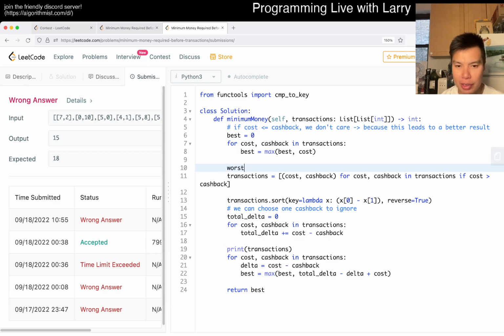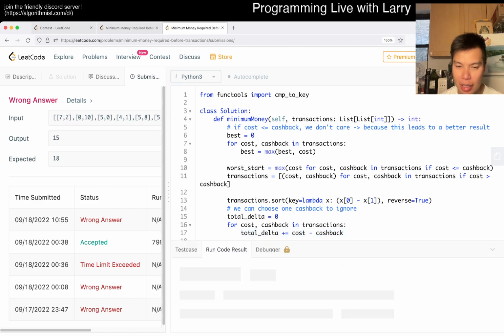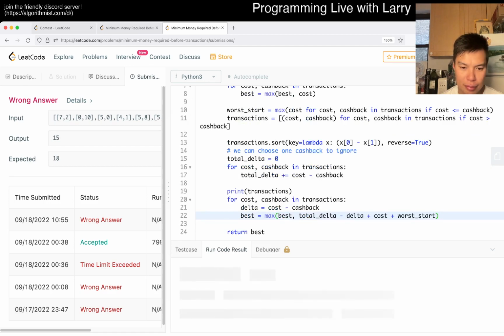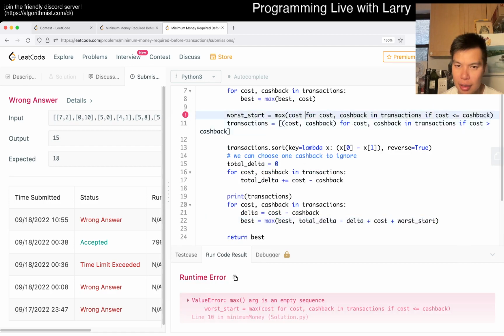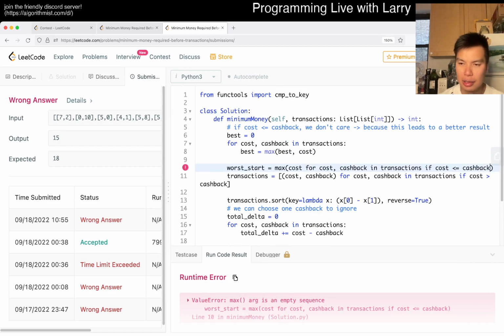So we'll start, say, is equal to max of cost for cost, cashback in transactions if cost is, yeah, so on the numbers that we filter out, right? And then now, here, this is the total delta. So now we have to add this to the worst start. Is the default equal to 0, right?